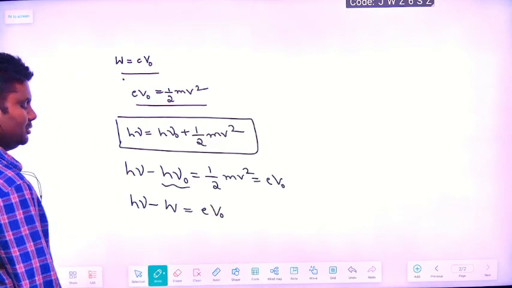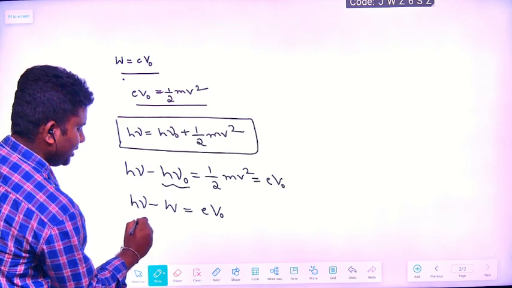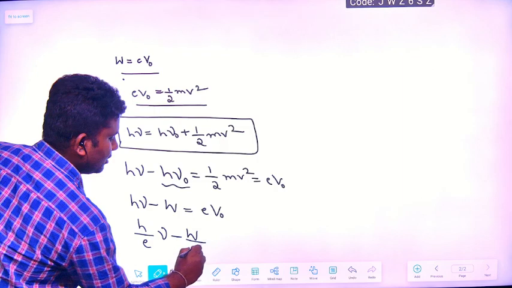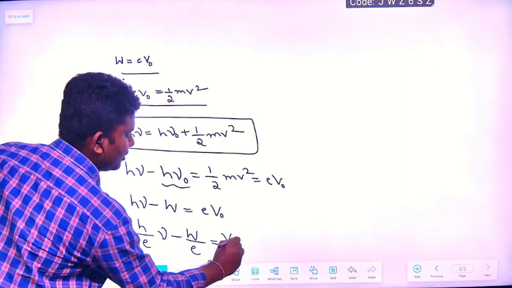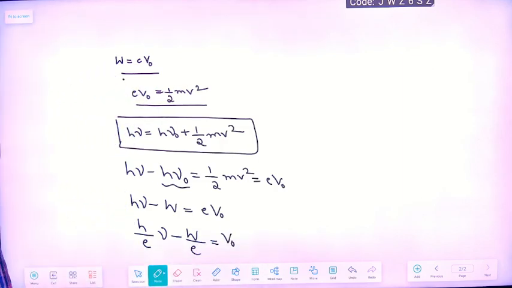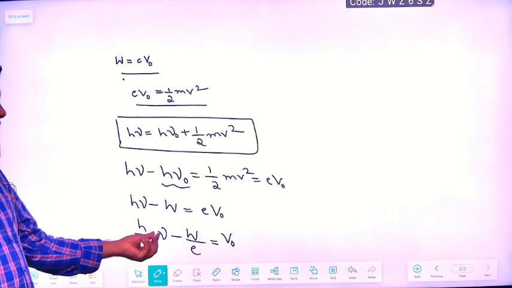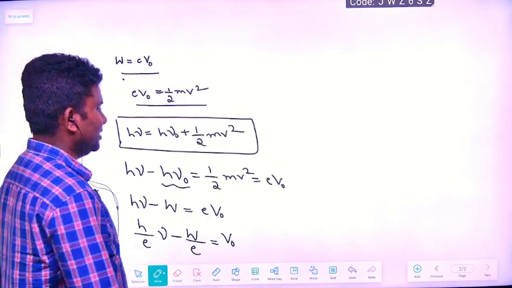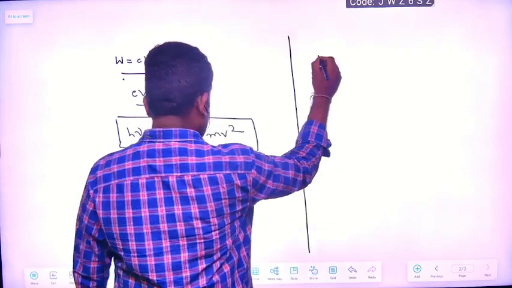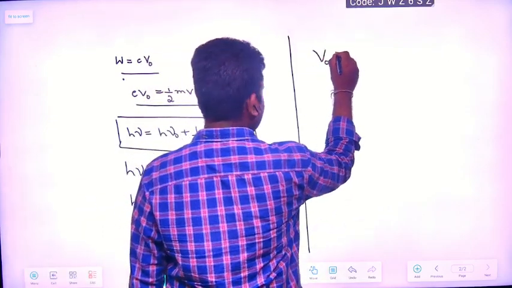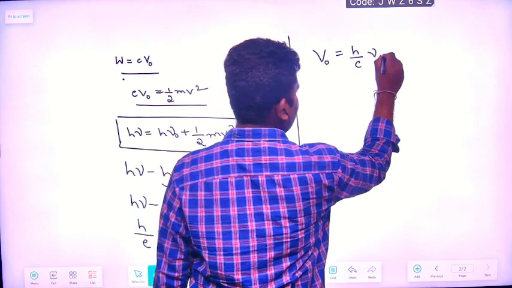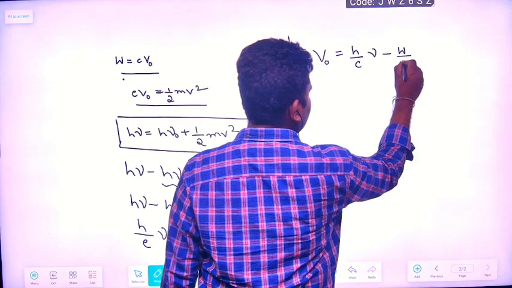Okay. Now you see here V naught is equal to what? h by e into frequency minus W by e is equal to V naught. Correct? Understood? Here you can also write V naught is equal to h by e mu minus W by e.